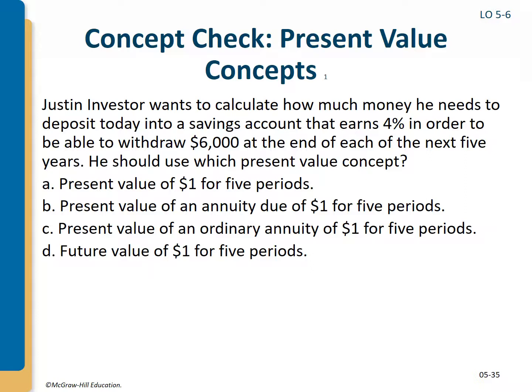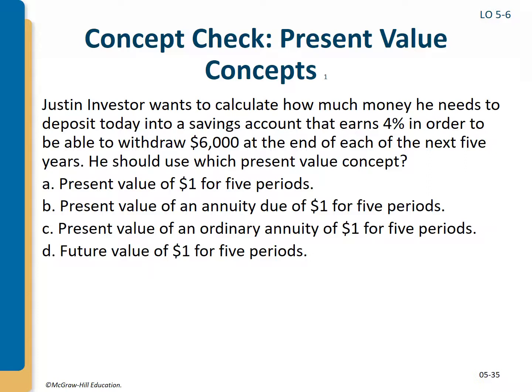So what this is saying is, what is the value today of those $6,000 payments, withdrawals, that are being made at the end of each of the next 5 years?